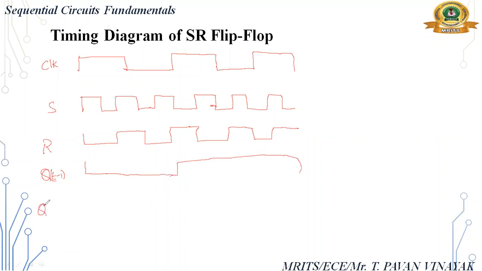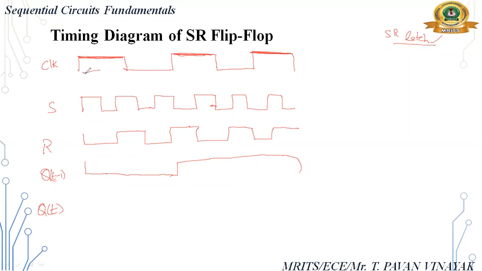Now I want to draw present state Q of T. First I am explaining for SR latch. Okay. Whenever clock is 1, it acts as a basic memory element, right?